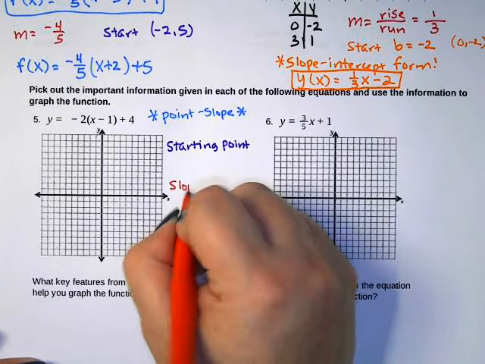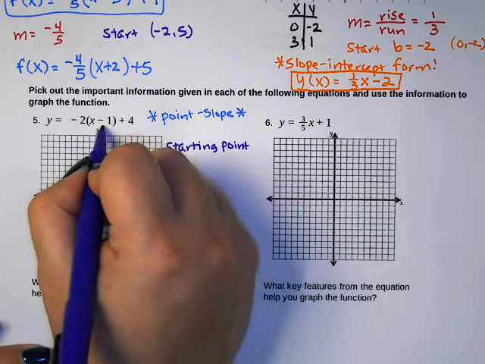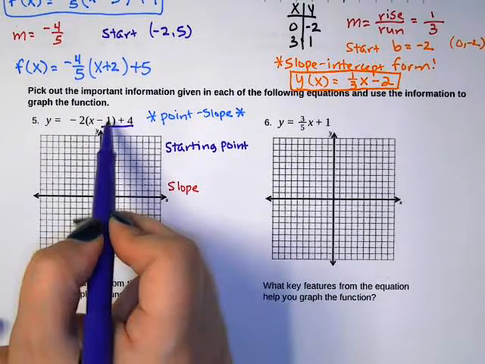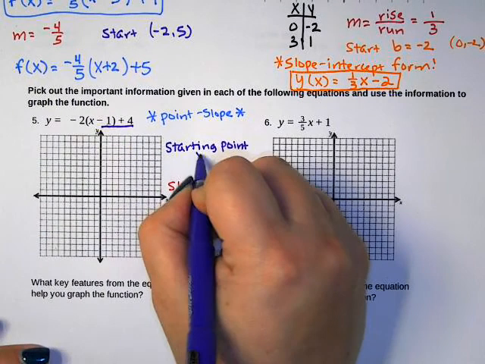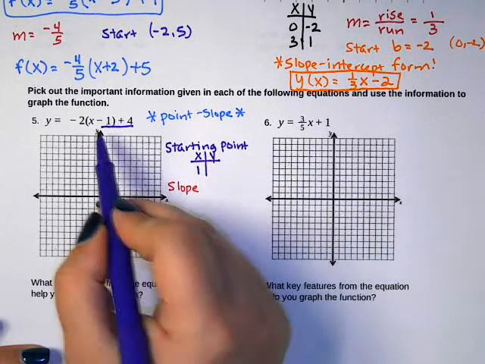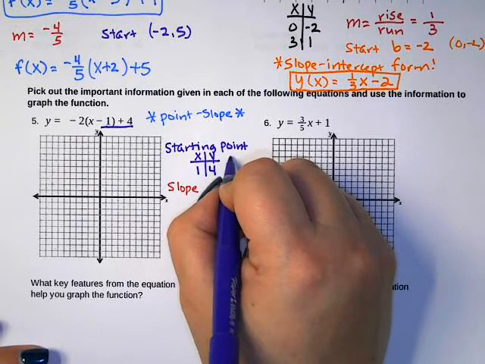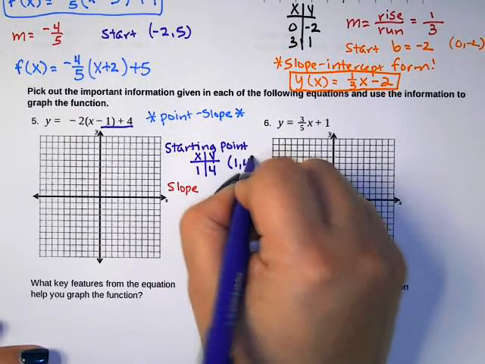It's in the name. So let's see if we can find those pieces of information. Well, our starting point is shown right here. We're going to take the opposite of what's inside the parentheses. So it's a 1, and we're going to take whatever's outside, so it's a 4. That means our starting point is the point (1, 4).